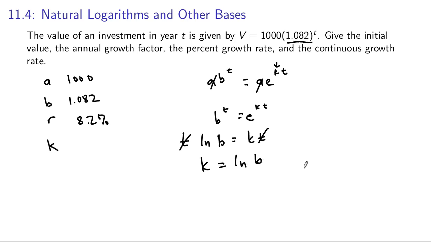Another way of thinking of this, using the definition of natural logarithm, is that e to the k is b. You can kind of see that just by looking at this equation. So now that we know how to use a natural logarithm, we can find the natural logarithm of b. B was 1.082, and that gets us the continuous growth rate.